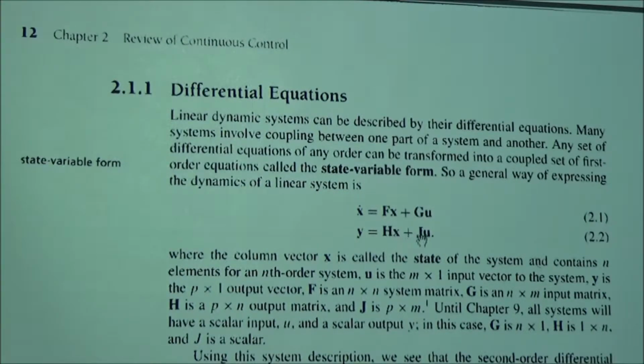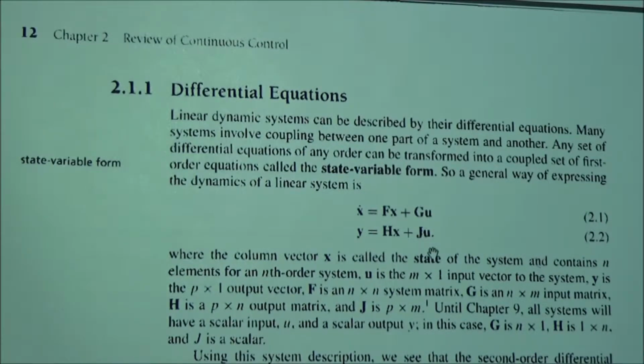Y is the output, a p by 1 output vector, and H is p by n. If you have one input, one output, H is 1 by n, and J here is a scalar value, 1 by 1.